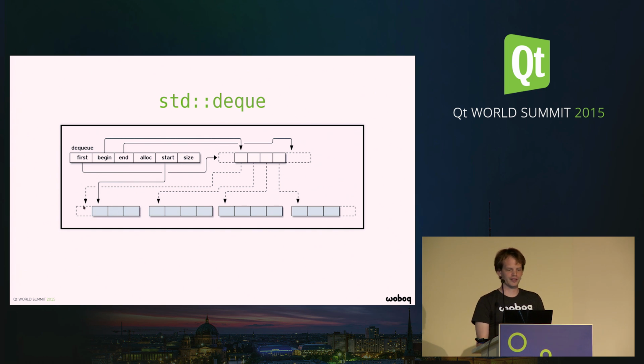There is one level of indirection, but instead of each element being in its own little cell, the elements are grouped in much bigger arrays. And so when you insert an element at the beginning or at the end, it often does not need to reallocate the whole list or to move the whole list.